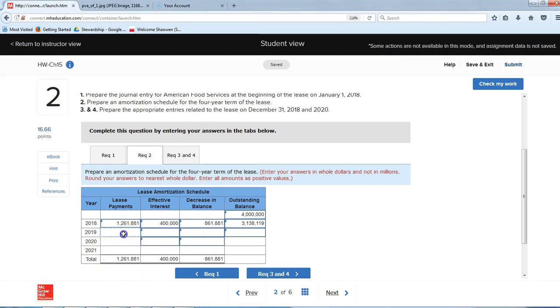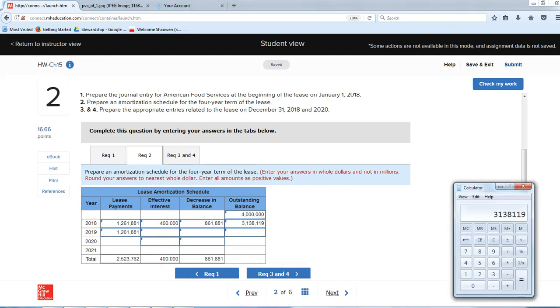And the next year is the same. We make the same rental payment. Effective interest will be based on the previous balance multiplied by 10%. So this previous balance multiplied by 10%, we will round to the dollar, is 313,812.